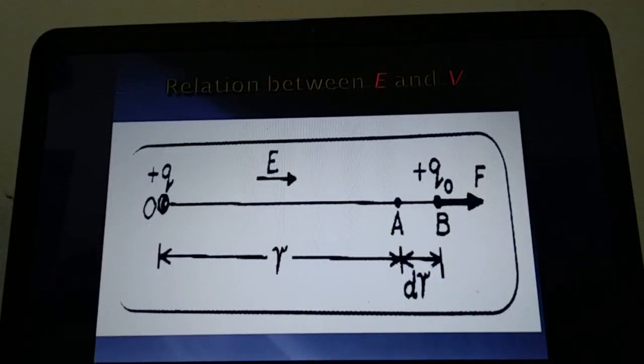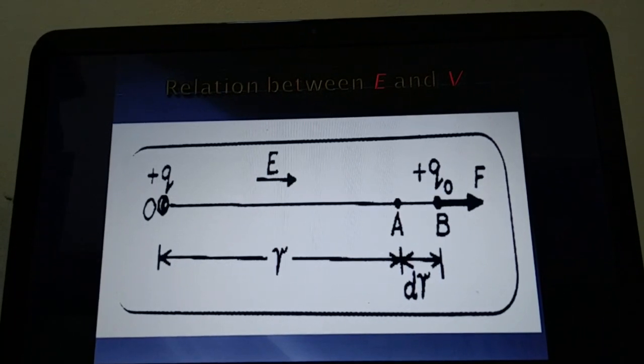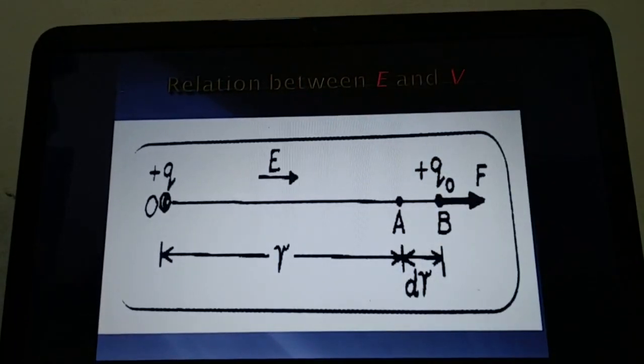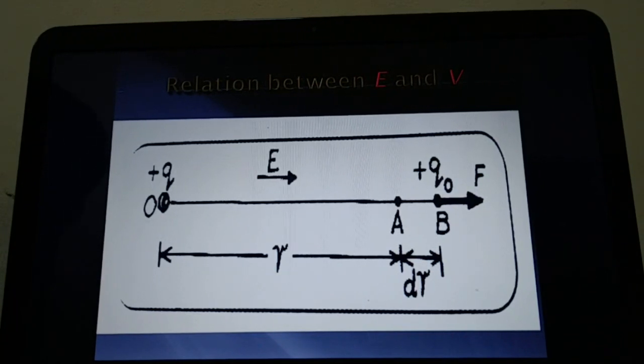See the diagram. The diagram shows a point charge plus q and its electric field, and its direction is given by that arrow mark, and within that electric field you can find two points A and B. Point A is at a distance r from q, and the point B is at a distance r plus dr from q. q is the source charge.